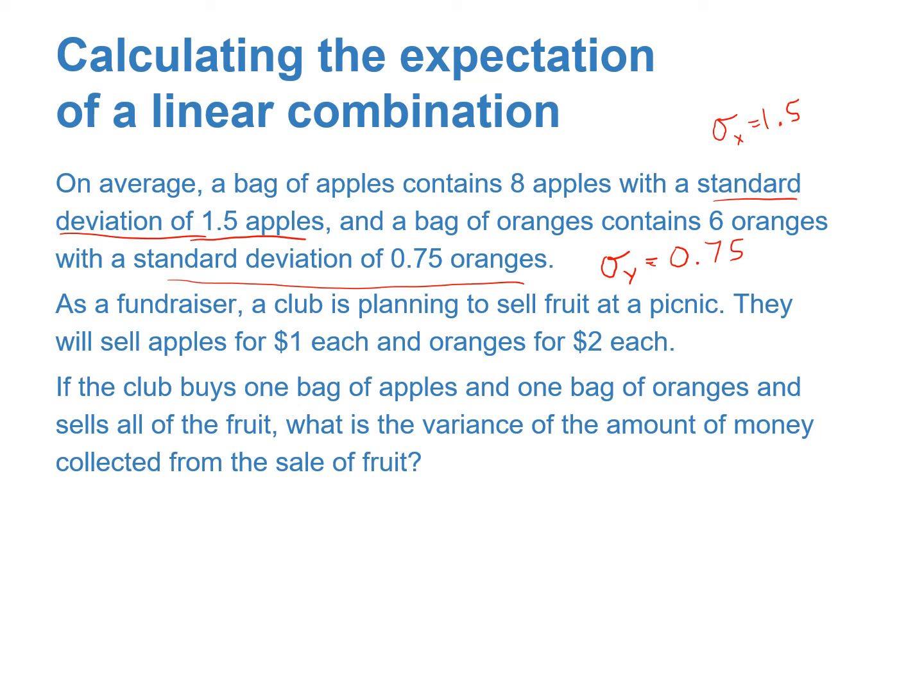So again, as we saw before, we're trying to find the variance now instead of the expected value. We're finding the variance of 1 times x, the number of apples in the bag, plus 2 times y, the number of oranges in the bag of oranges.